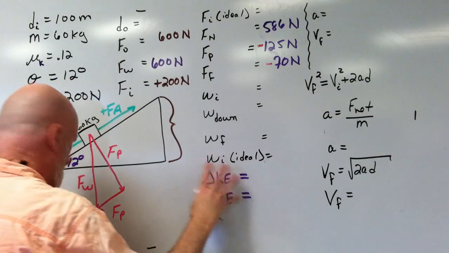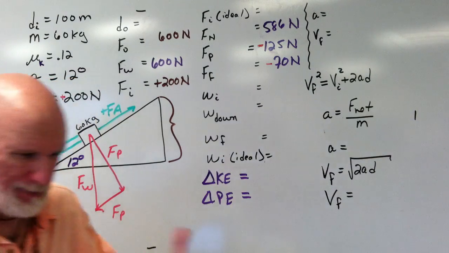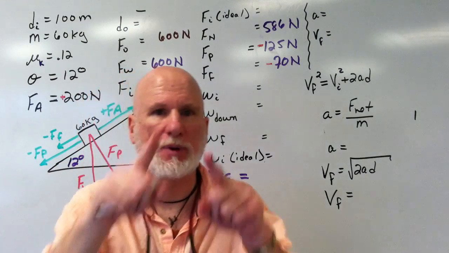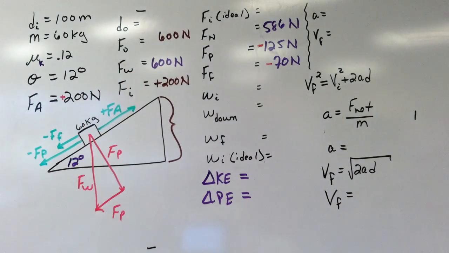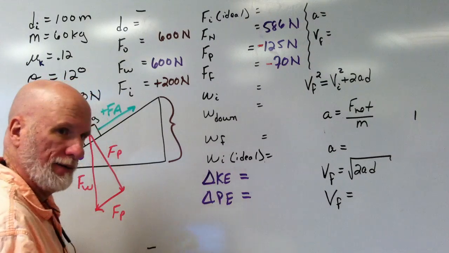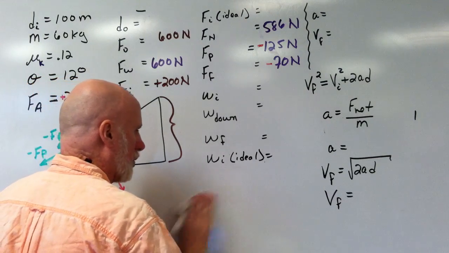Can I erase this for now? I'll put that back in, but I need you right there. Just remind me that this has to go back in. That'll be like my little workspace.